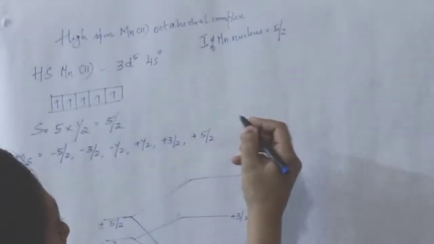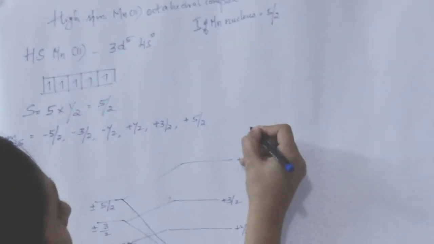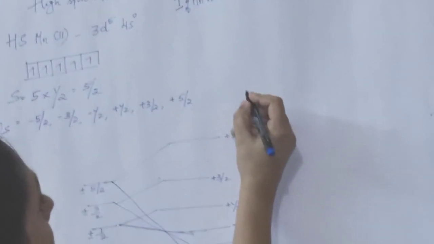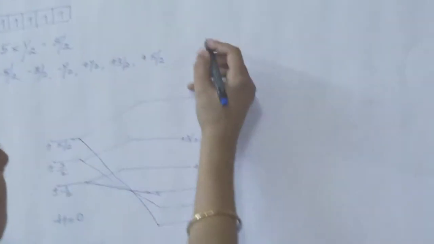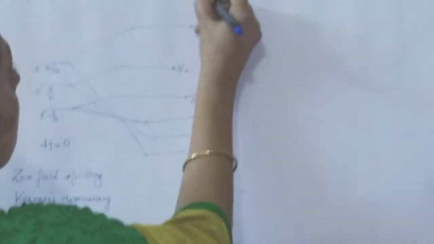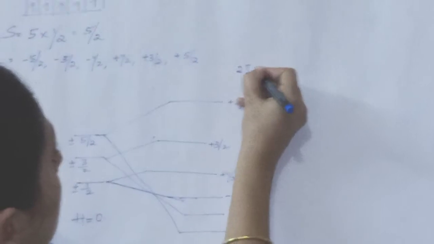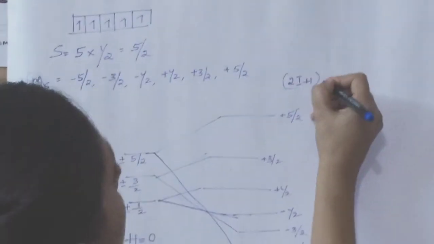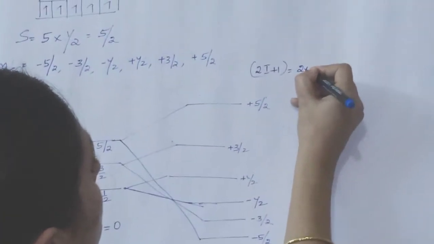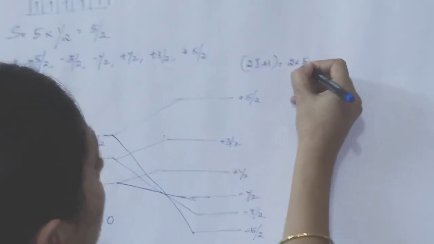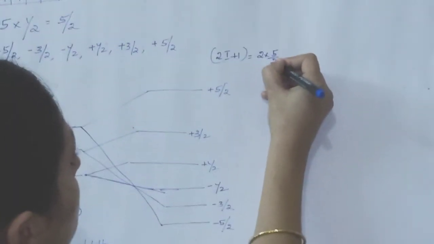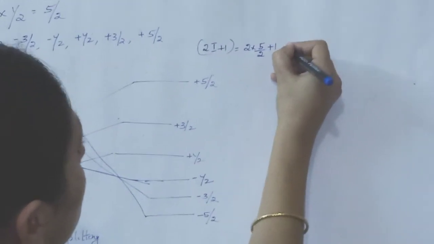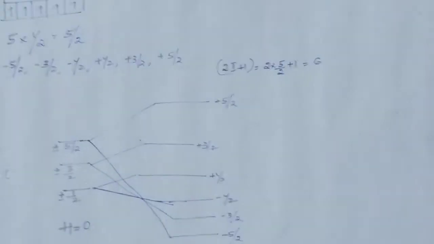That will result in the splitting of each electronic spin state into 2I plus 1 energy levels. That will be 2 into 5/2 plus 1, which is equal to 6.